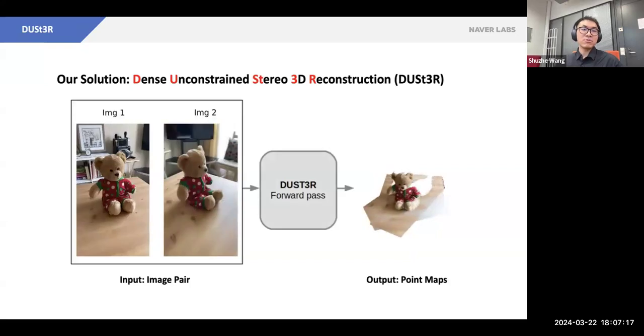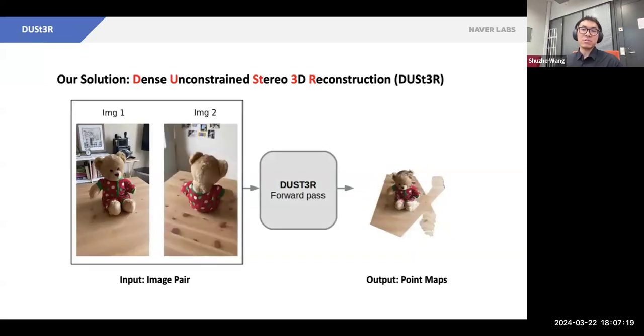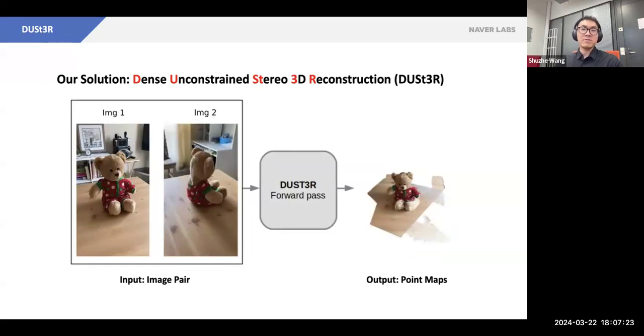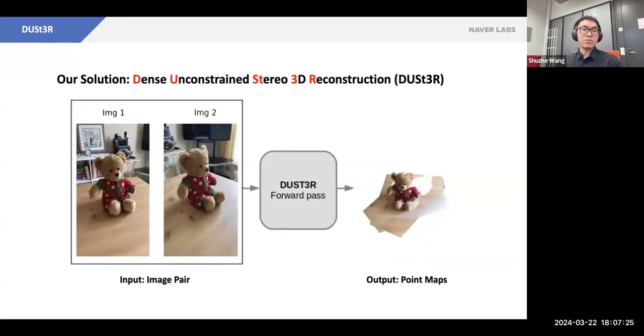Then we proposed our solution, which is Dense Unconstrained Stereo 3D Reconstruction. This is an end-to-end, fully differentiable way to directly regress point maps from a pair of images, so we make the pipeline much easier.